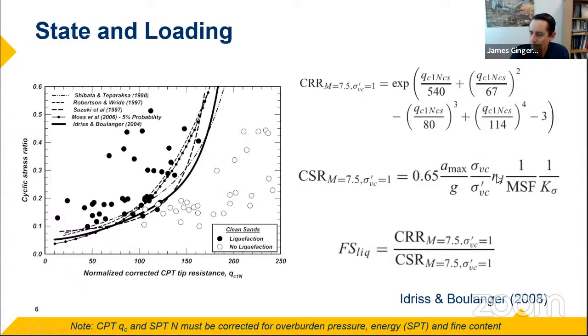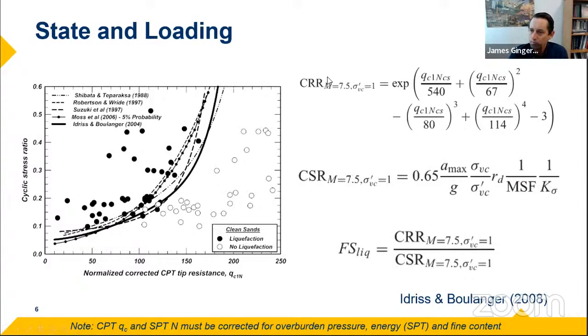We have the R sub D factor, which accounts for the compliance of the soil column and the participation of the soil column in the inertial loading at depth. And then we have a magnitude scaling factor that accounts for the number of cycles in the earthquake given the earthquake magnitude. And finally, an overburden stress correction. So this gives you basically a normalized cyclic stress ratio, or CSR. That's the driving stress or loading for your soil.